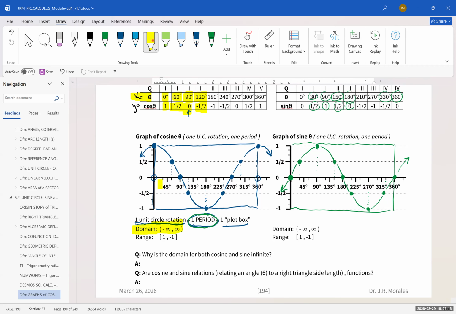And in this case, our x values are values of angles of interest. They're theta. And as I just mentioned, it can keep going with higher values of theta. And it can also keep going in a negative sense over to the left. So that's why the domain of cosine is from negative infinity to positive infinity.